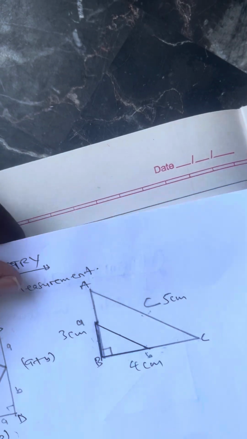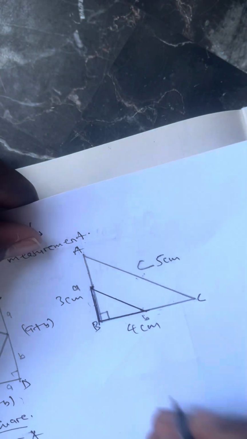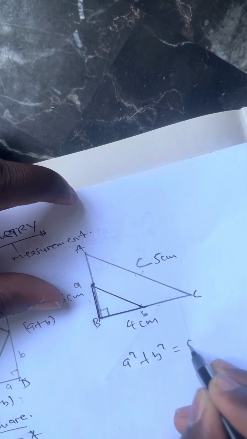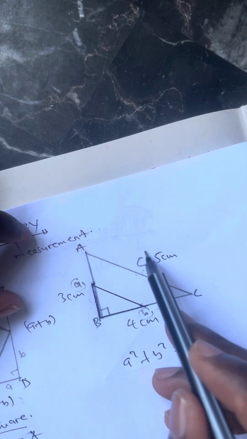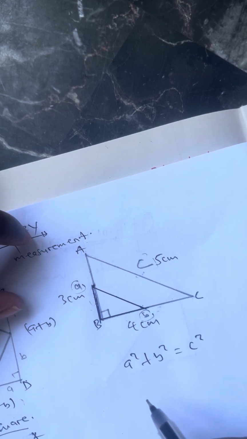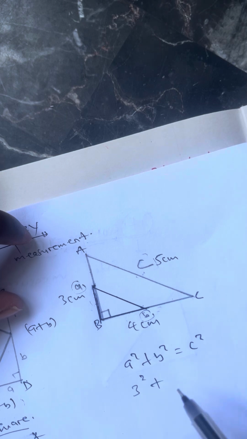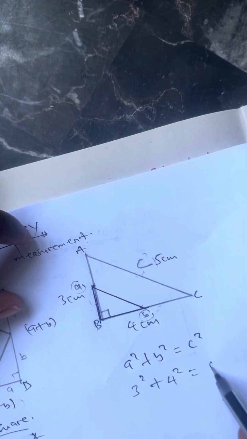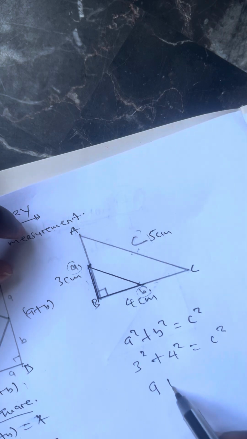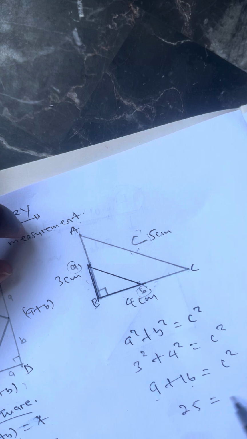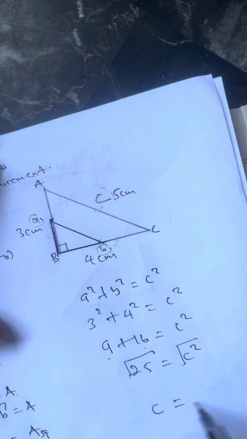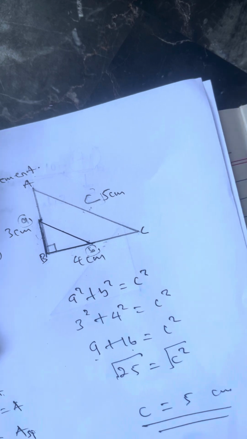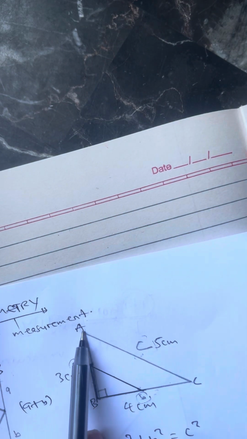This is the same as when we use the formula A square plus B square equals C square, where this is the A side, this is the B side, and this is the C side. So we are given 3 square plus B, which was 4, square equals C square. Here is 9, here is 16, and this is C square. When you add 9 and 16, you get 25 equals C square. Then the length of the remaining side C will be equal to 5 centimeters. This is the same as what we got using the ruler.